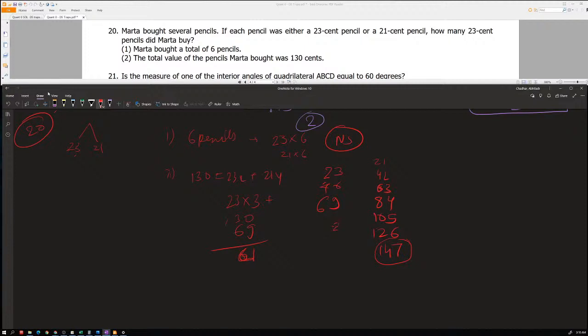We can still go up, and we can add to get 92. Then 115, and again we add here 138, and then 161 also.